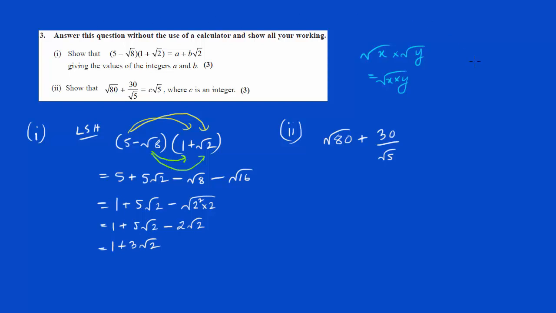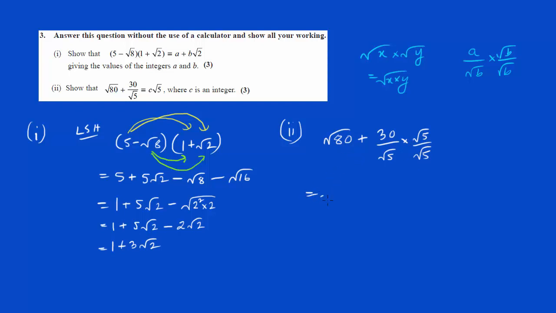For example, if you have a square root of b, to rationalize we have to multiply square root of b both upstairs and downstairs. That way the square root would disappear from downstairs. So square root of 80 needs to be simplified, but there is nothing downstairs. But in the other term, 30 by square root of 5, let's multiply square root 5 upstairs and square root 5 downstairs. So let's simplify.